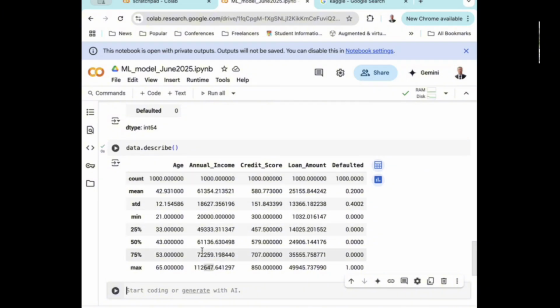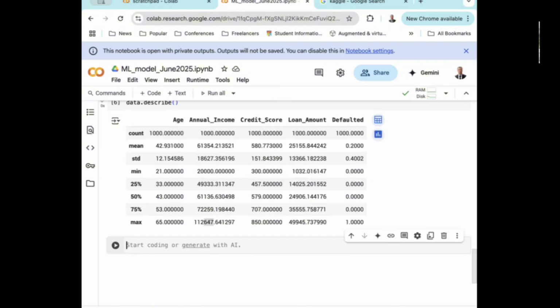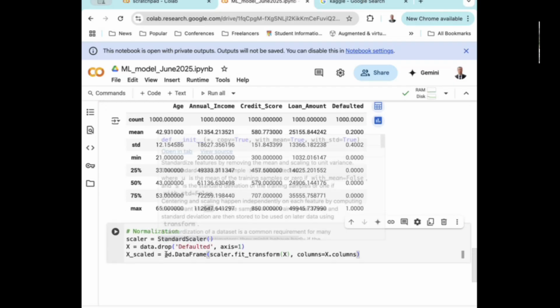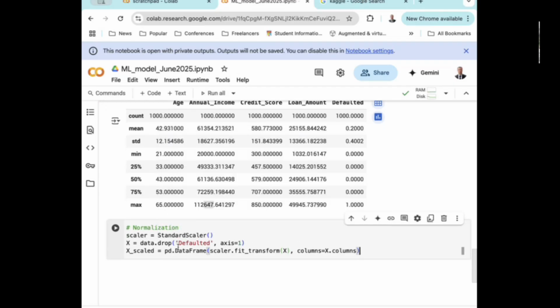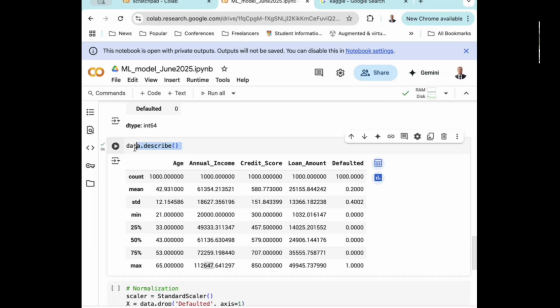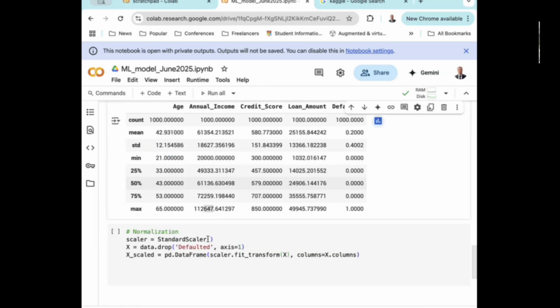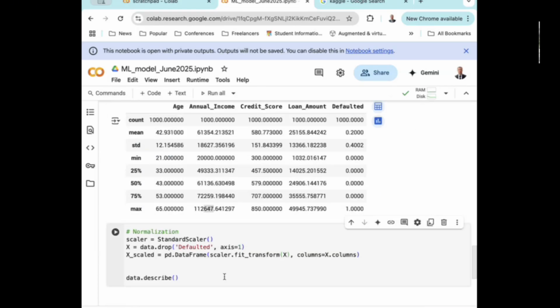So you can see this is now the minimum and the maximum. Now I'm going to do the normalization or scaling, and let's see what is going to be the result later on. This is the code here. This is for the normalization. I'm using standard scaler. It's a method that is going to scale the data into a small scale. And then I'm going to use the same code, just copy and paste it here.